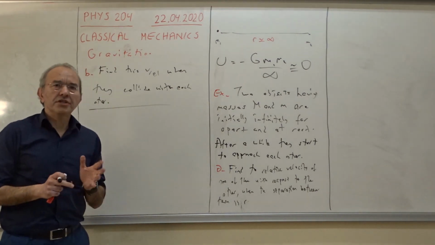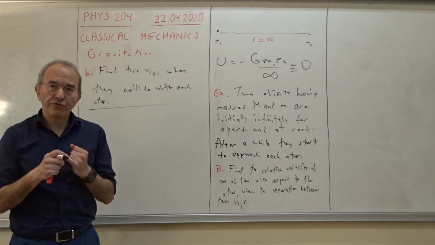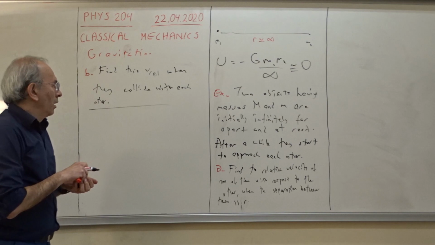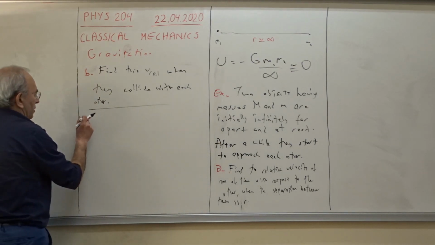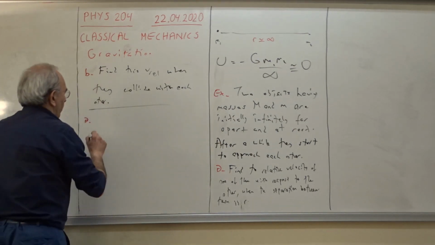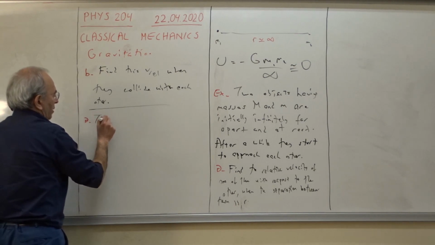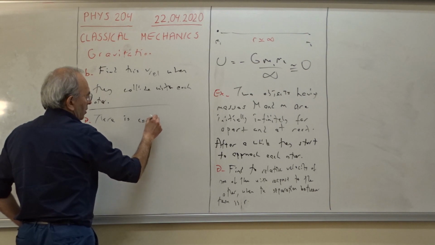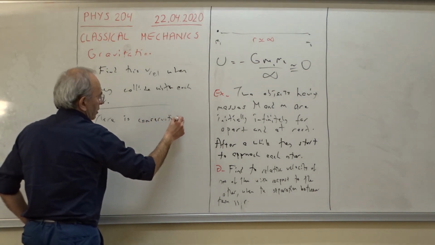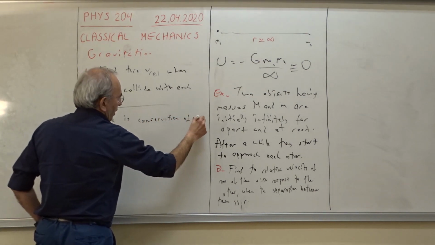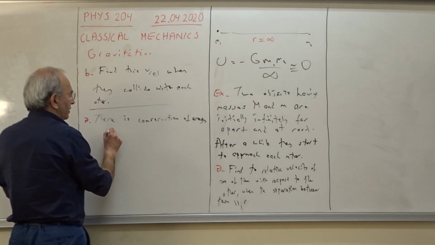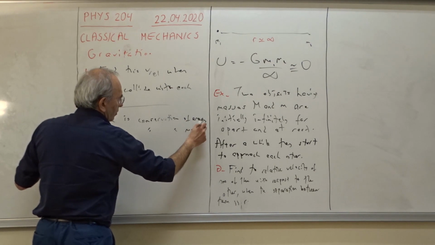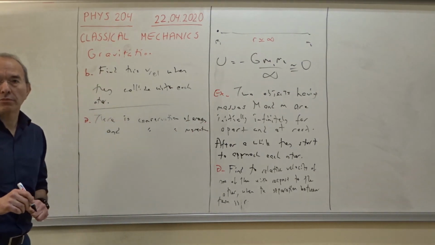Now the physical things here are the conservation of energy and conservation of momentum. Part A. There is conservation of energy and conservation of momentum, linear momentum in this problem.